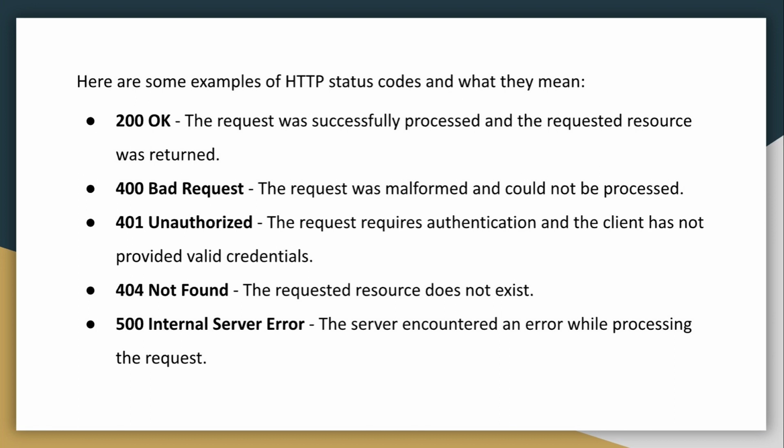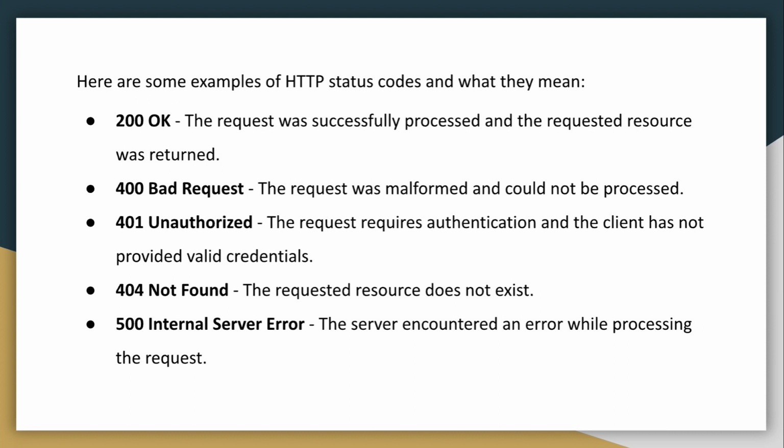Then we are having 401, which represents unauthorized, means your credentials are not right, so you didn't get the access. 404 denotes the error, means something not found. So let's say you are looking for a website which doesn't exist, then you will get this error. 500 is a server side error. So if something went wrong while processing your request, you will get this error.